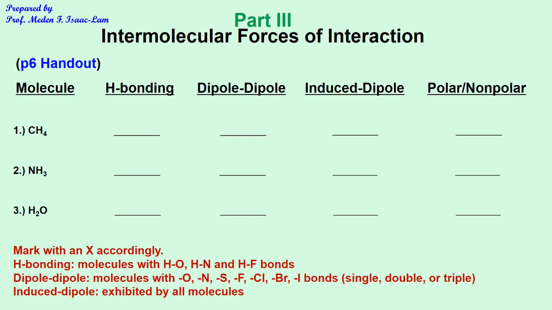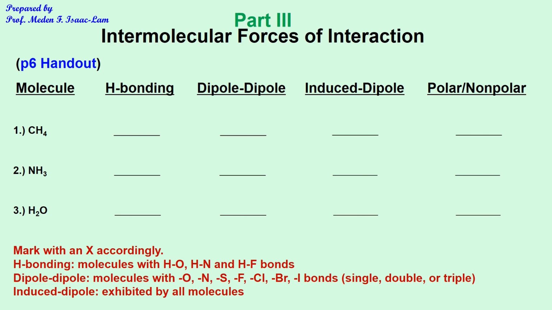Okay, so now let's do H bonding. The rule for H bonding is that you look for H-O, H-N, and H-F bonds. Therefore, for number 1, there's no O, N, or F, so CH4 has no H bonding. Dipole-dipole, no, because carbon to H is not included in the list for dipole-dipole.